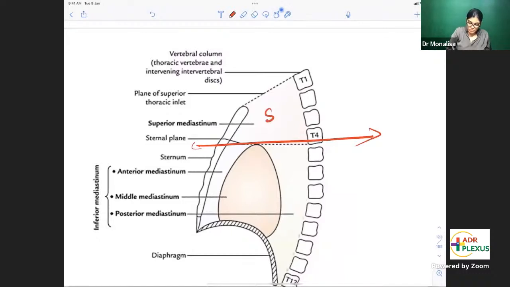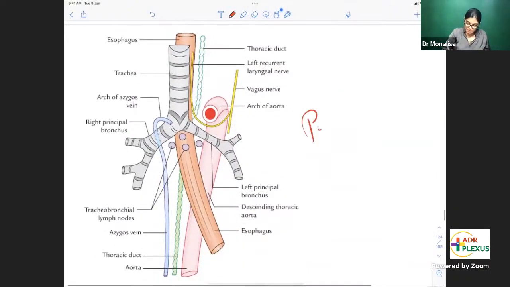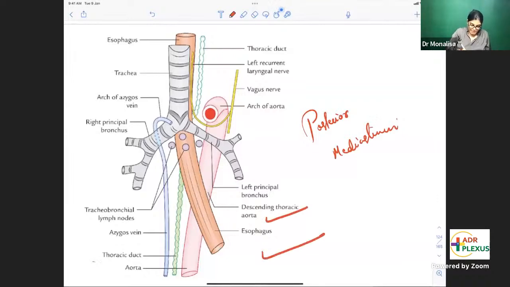S is superior, M is middle, P is posterior and A is anterior mediastinum. The structures residing in the posterior mediastinum are the descending thoracic aorta, esophagus, thoracic duct, azygos vein, few lymphatics and nerves.